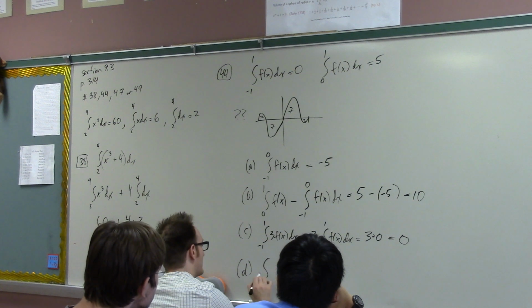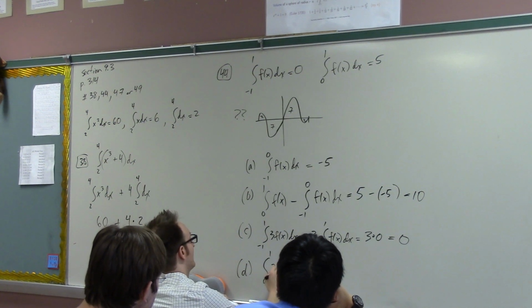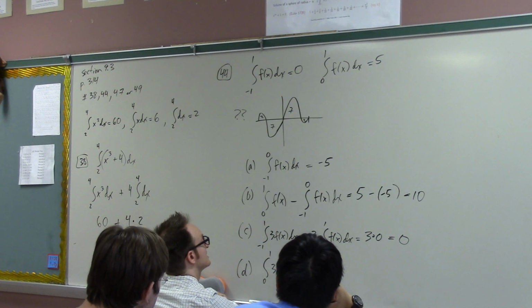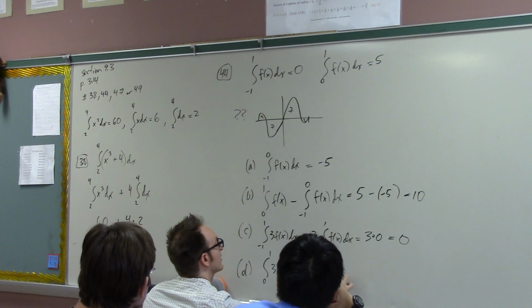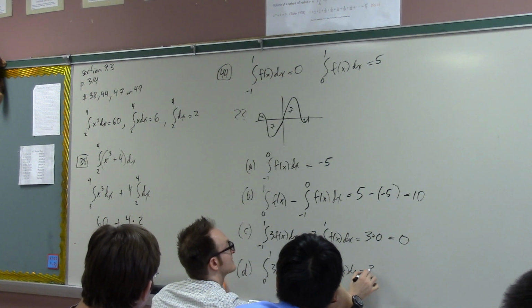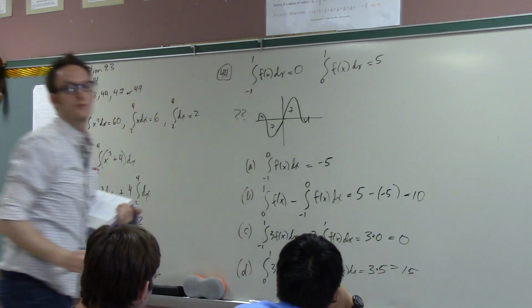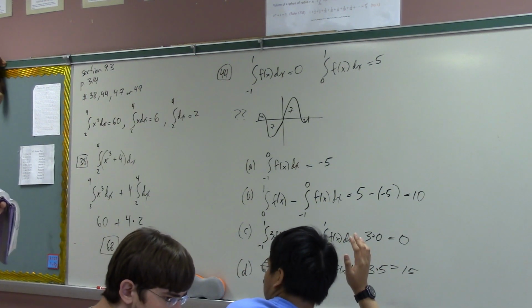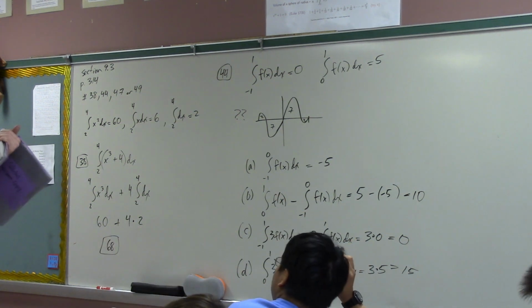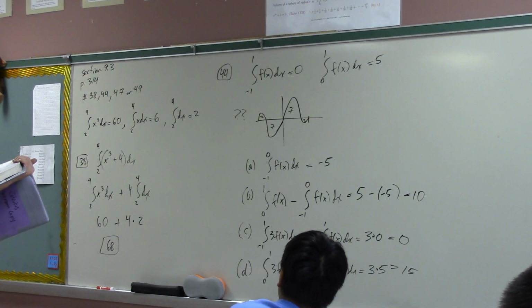Oh yeah, this is actually not that hard. The integral from 0 to 1 of 3f of x is just 3 times the integral from 0 to 1 of f of x, so that's 3 times 5, so that's 15. Raise your hand if you got all 4 of these right. Okay, that's pretty good.